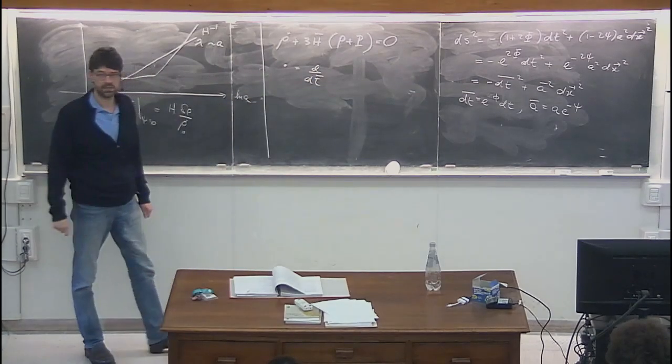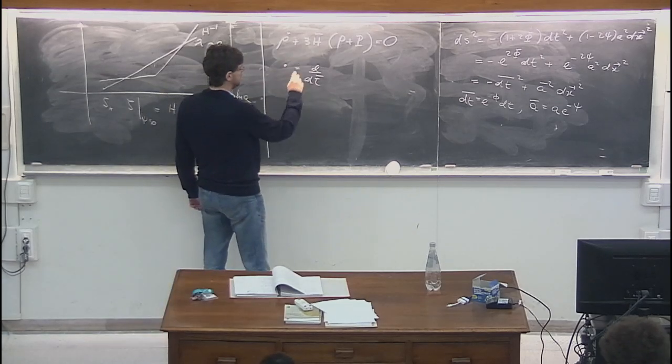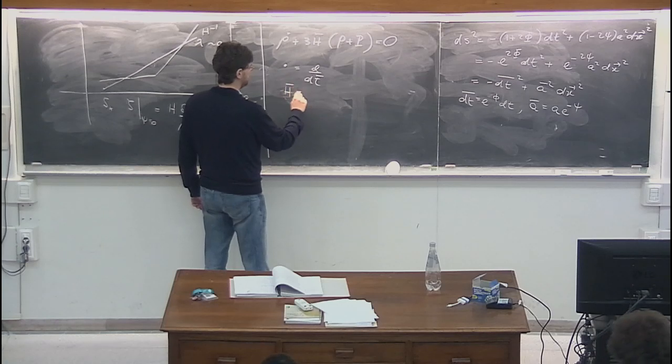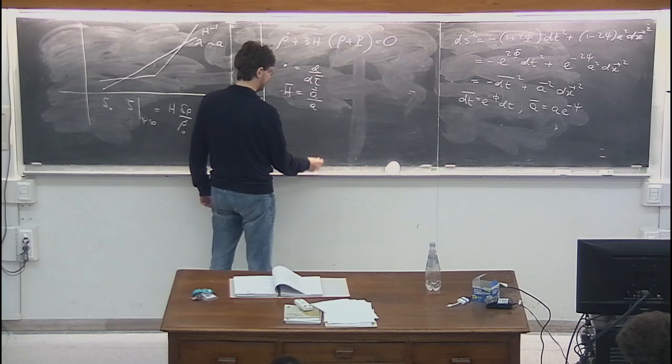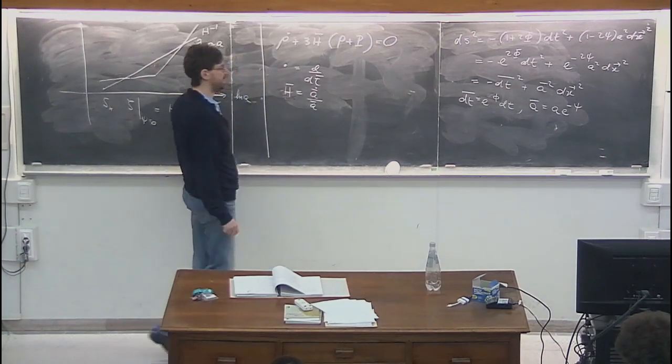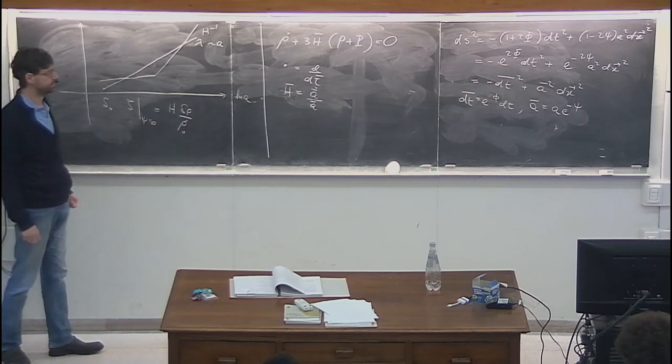Okay? It's not the dt. Okay, and also remember that H bar is equal to a bar dot divided by a bar, where the dot is again the derivative with respect to the new time.